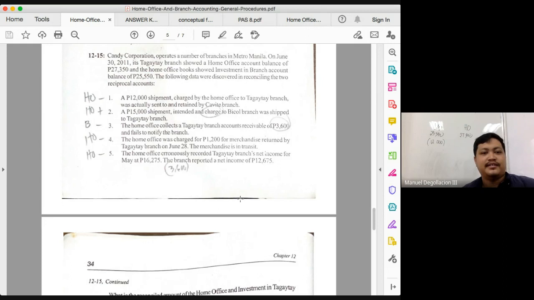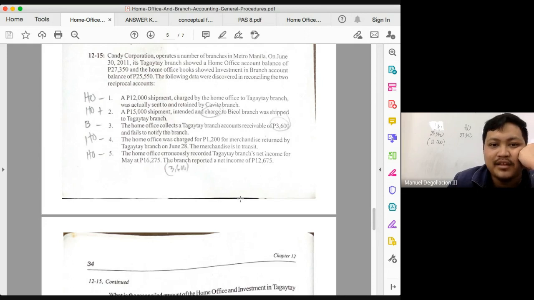Okay, second transaction. A 15,000 shipment intended and charged to what branch class? Bulacan was shipped to Nova. What entry was prepared by the home office?